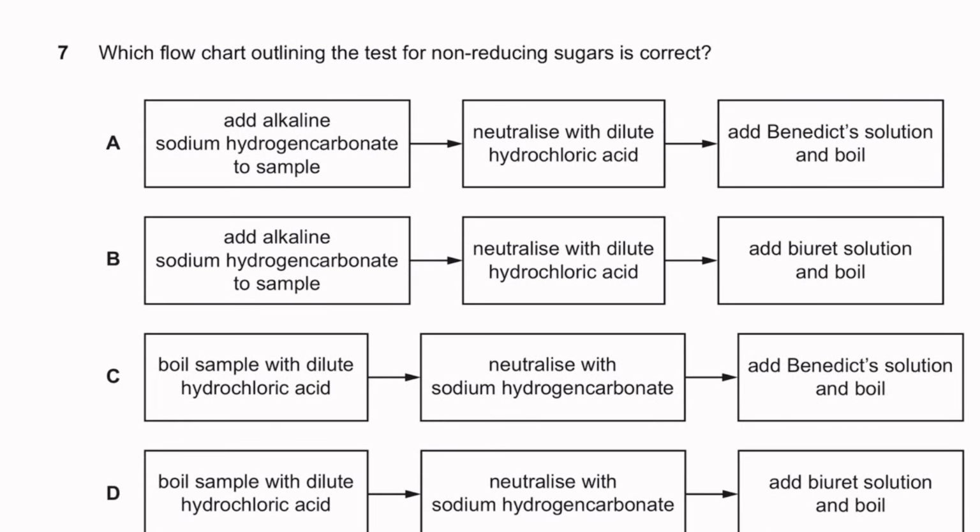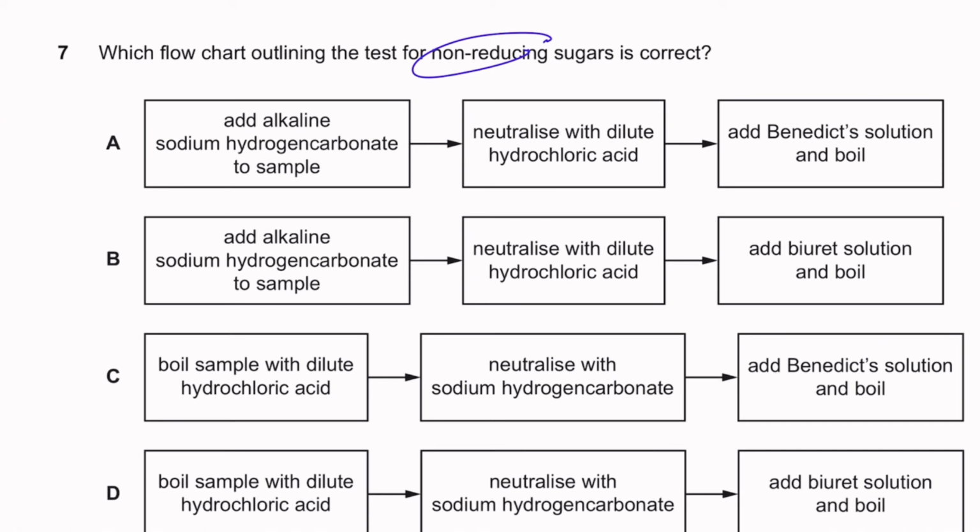Which flowchart outlining the test for non-reducing sugars is correct? Okay, non-reducing sugars, like let's say sucrose. Firstly, you're going to have to hydrolyze, break down the non-reducing sugar, because there is no direct test for non-reducing sugar. We have, however, tests for reducing sugars.